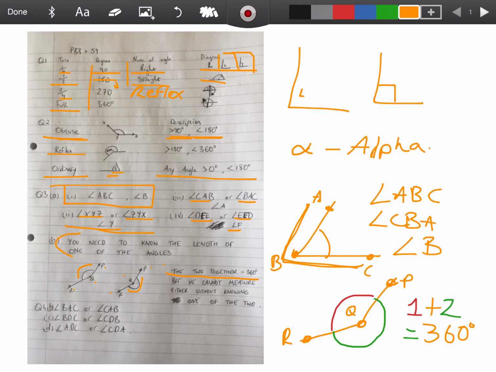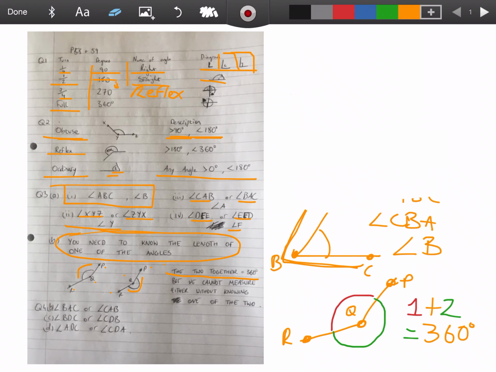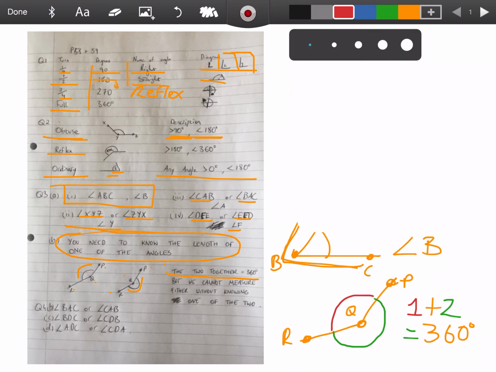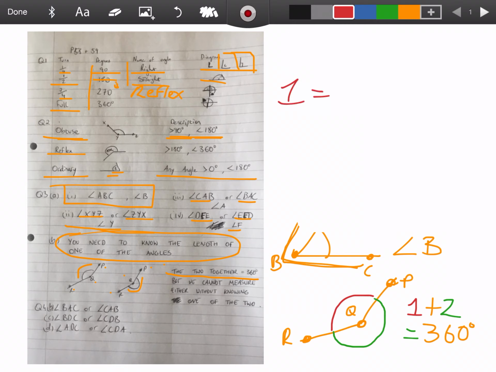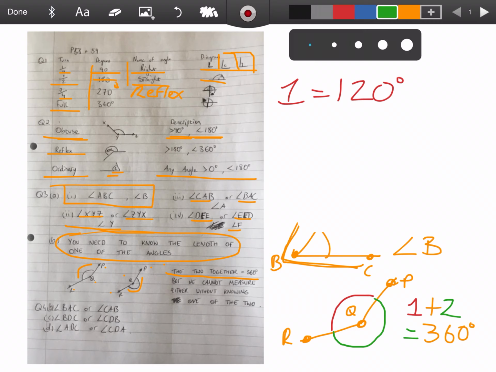Okay, the info that we need to know. We have to know the size of one of those 2 angles to work out what the other one is. I'll redo this up here so we can see it clearly. If you knew that angle 1 was 120 degrees, let's say, then I could use that to work out what angle 2 was, what the green one is.